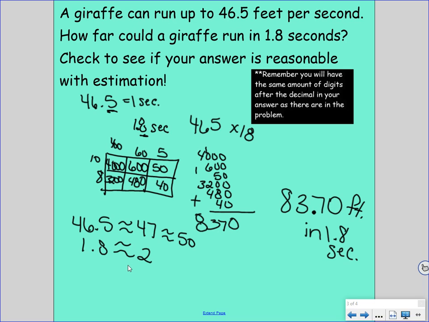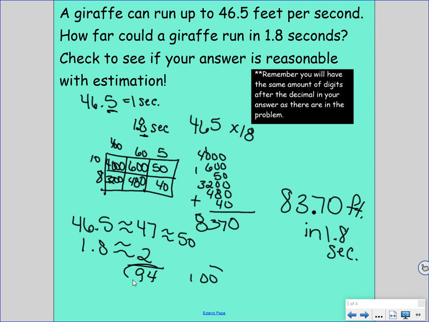So I could say 47 times 2 is 94, which is pretty close to what we got. Or I could do 50 times 2, which would give me 100, which of course is going to be farther from our answer because we estimated it to a farther number from the actual number, remember?